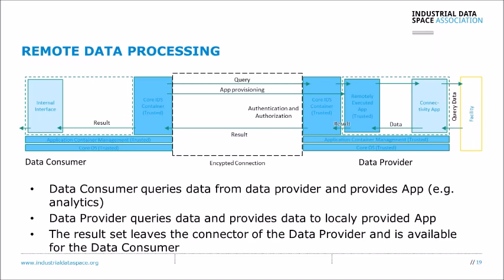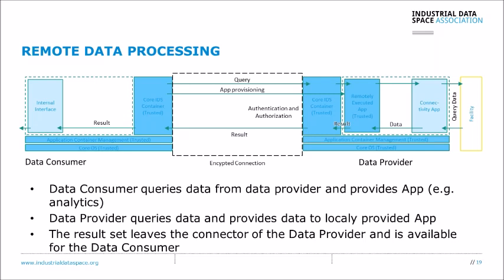The app will run inside the IDS connector of the data provider, receive the data, calculate the result, and only send the result over the internet via an encrypted connection to the data consumer. This is an example for remote data execution, which we also provide within the IDS.